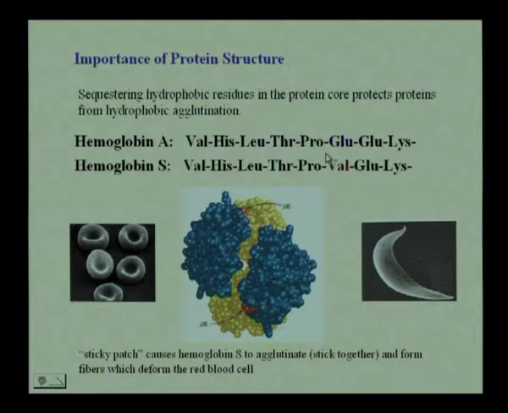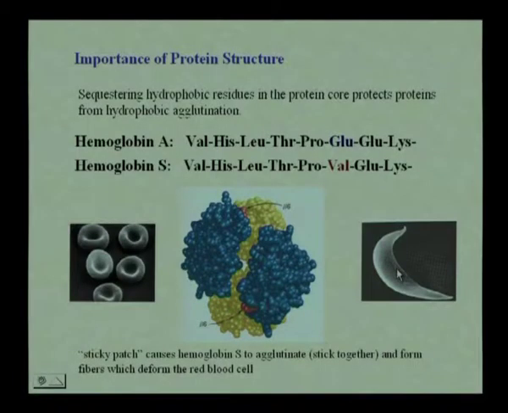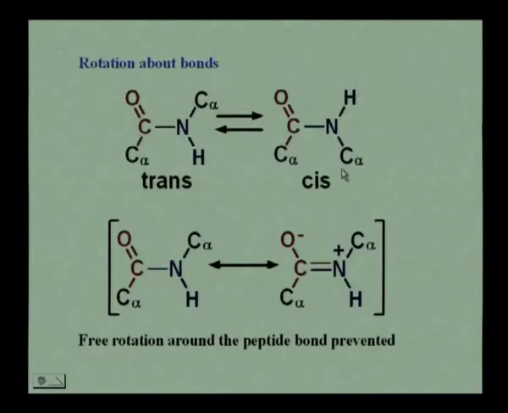It is just that single property of that amino acid that results in such a detrimental effect to your red blood cell, forming the fibers that give you sickle cell anemia. And the reason is that the glutamic acid that was on the surface is now no longer there. You have valine, which would prefer to be away from the solvent.